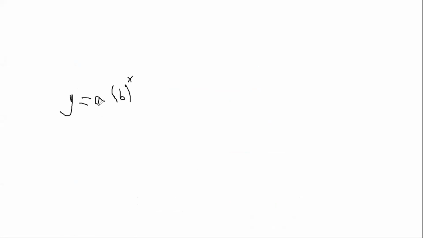And as we said, a represents the initial value. Let me write it in text better. Yes, we said a is your initial value, the part that you started with.